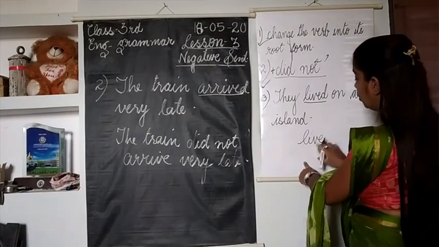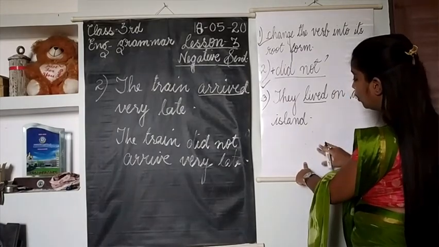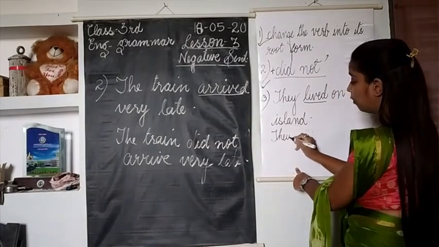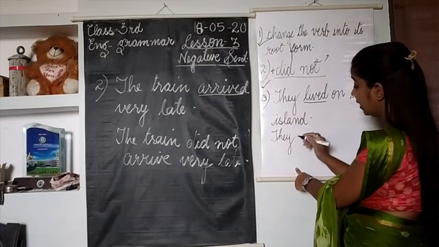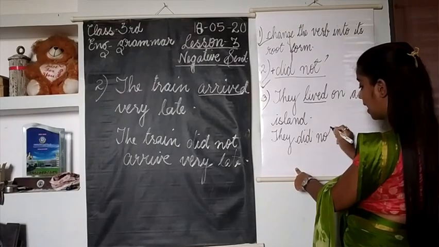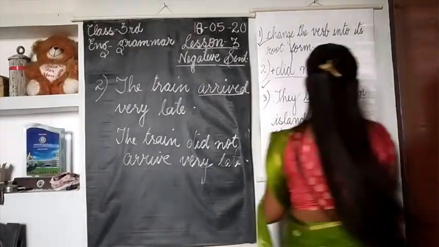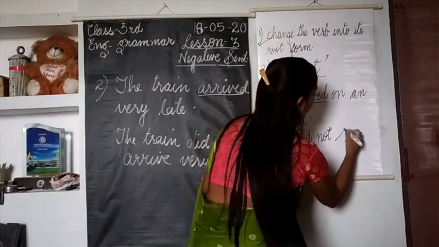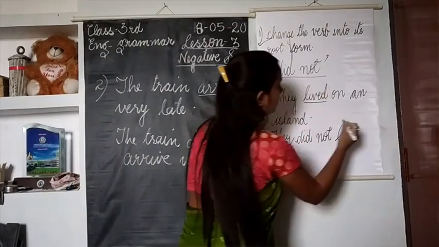How to change the sentence into negative? You can change it into negative by adding did not after the subject first. So the subject is they; after the subject you will add did not, and this lived, which is the second form of the verb live, will be changed into its root form.